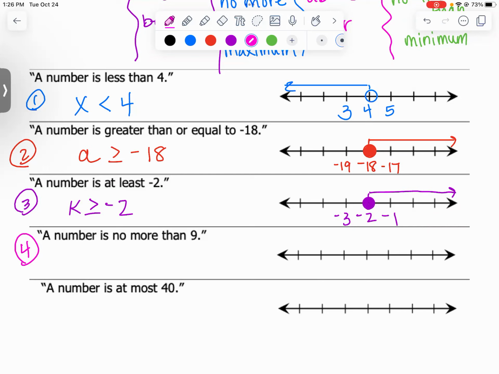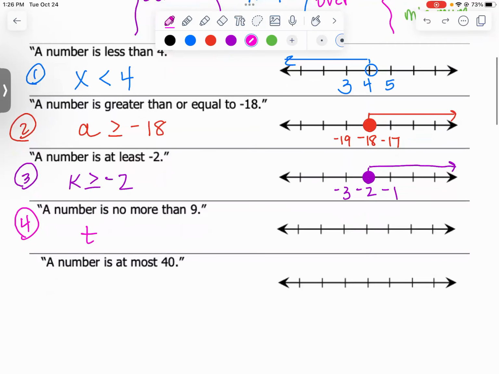So how about T for Tony? Greater than. Just greater than? No. Yeah, just greater than. Is no more than. It cannot be more than 9. If it can't be more than 9, it needs to be smaller. No more than, which means it can be 9.